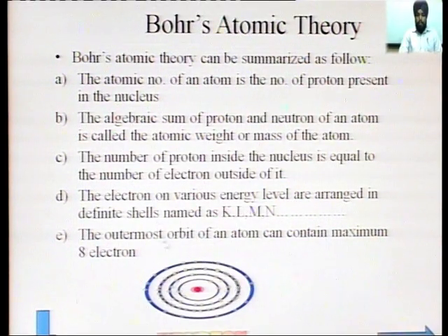You can say either shell or orbit, both are the same thing. The outermost orbit of an atom can contain a maximum of 8 electrons. So, atomic theory states that the number of electrons in an orbit follows the 2n square formula, but with the condition that the outermost orbit of an atom can contain a maximum of 8 electrons.